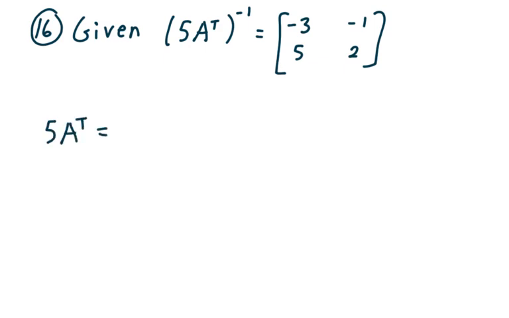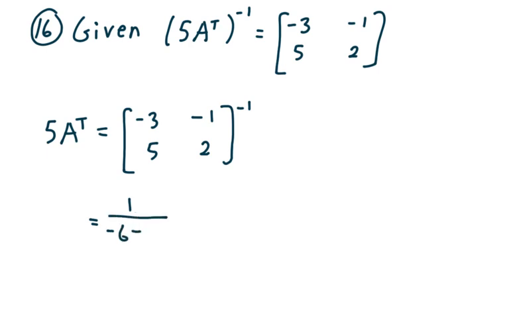But isn't that the inverse of the matrix -3, -1, 5, 2? Okay? And so this is 1 over -6 minus -5 times the matrix.